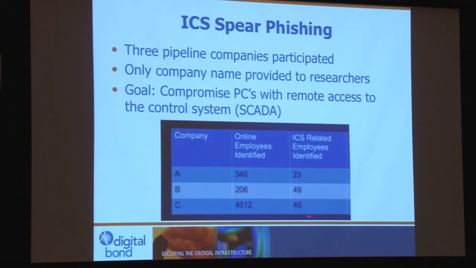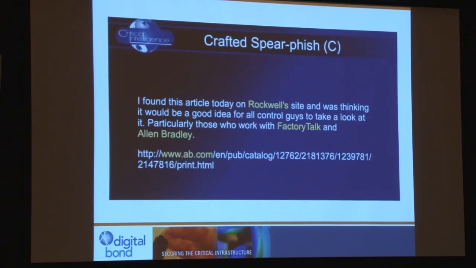So you see 23, 49, 45. They found a lot of good targets, people they wanted to try to compromise their computers. They then did open source intelligence to say, which control systems are these companies running? And then created a message that looked like it came from that company.